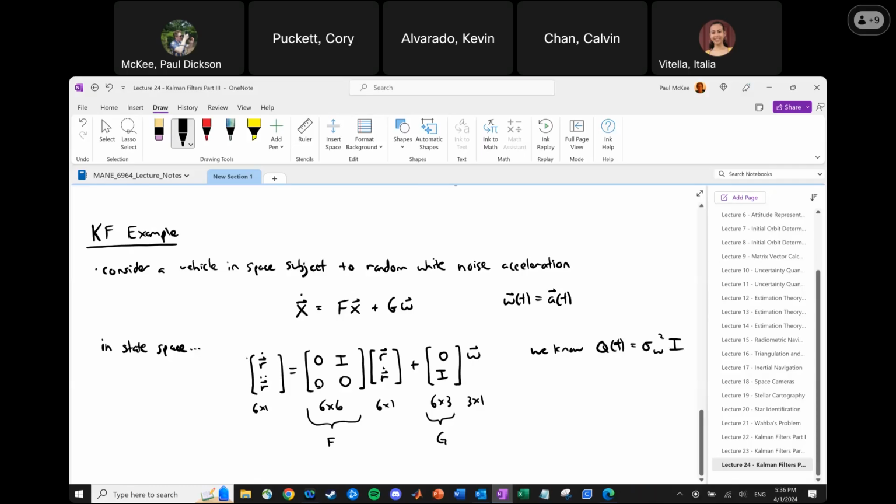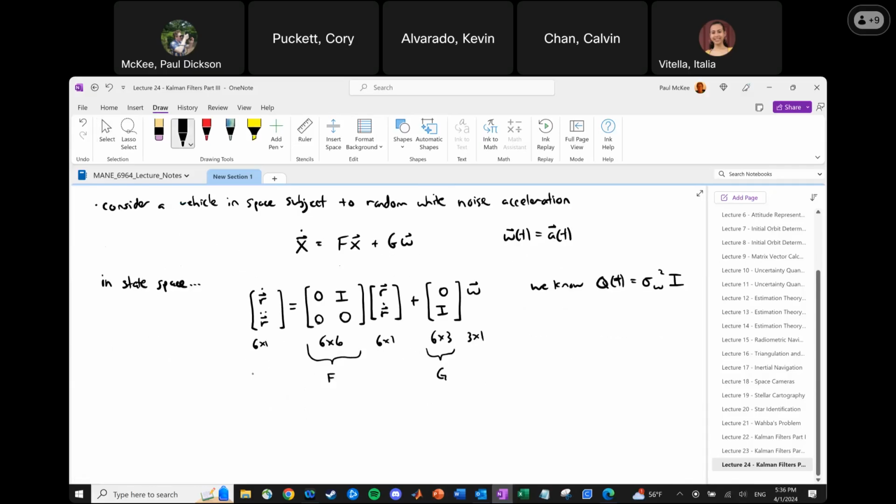That's the idea. Now, I want to make a point here that typically Q of t is diagonal, but Qk might not be.